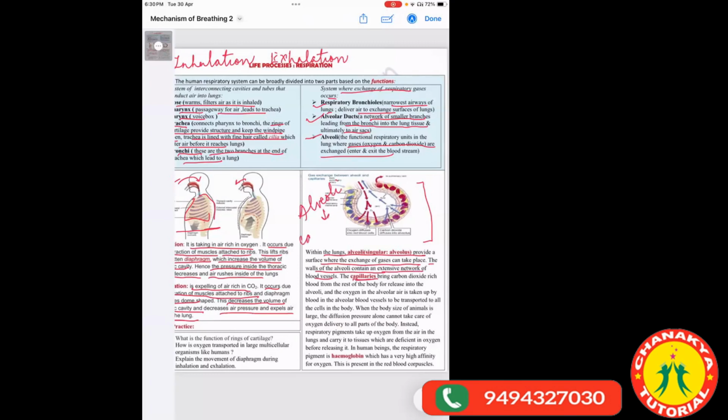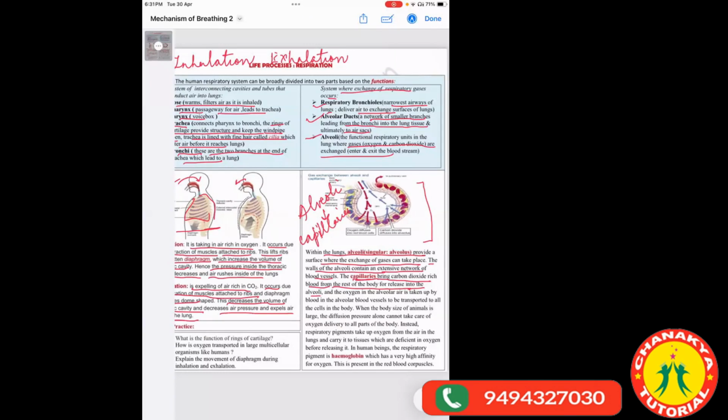They contain the network of blood vessels called capillaries. The capillaries bring carbon dioxide rich blood from the rest of the body for release into the alveoli. So these blood vessels called capillaries bring the CO2 rich blood from the body to the alveoli.